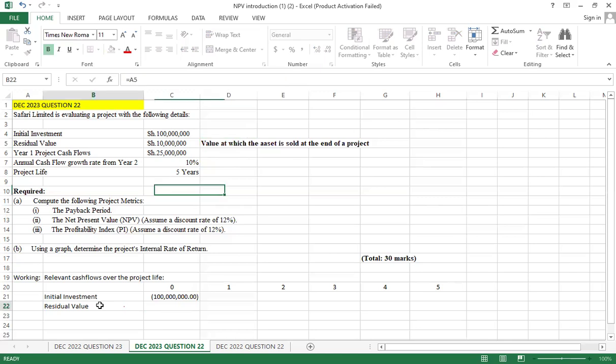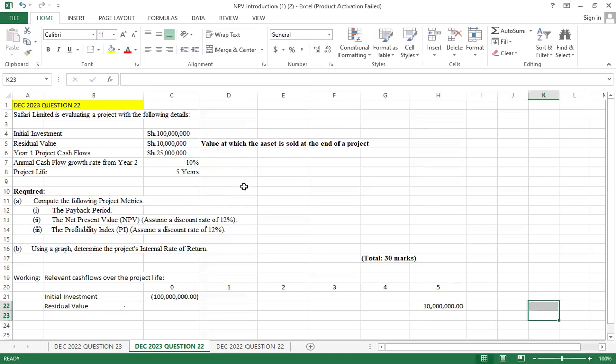That means that the salvage value applies to the last year in the project life. Like this one will apply to year 5, whereby I'll say that the salvage value we have is 10 million. Now, the salvage value is normally a plus because it is a cash inflow. Remember that this is money that you receive. When you sell the asset, you receive that cash. So it's a cash inflow, meaning that it is a plus in terms of presentation.